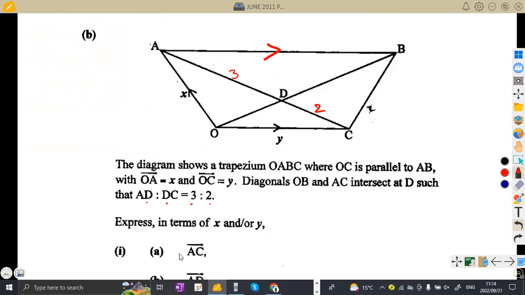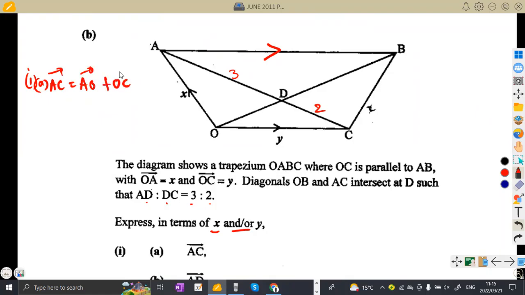Okay, so the first question: express in terms of X and Y vector AC. So from A to C, guys, is simply a movement that you're going to take from point A to point C. Which means our AC, we can take the route from A to C, going AO plus OC.